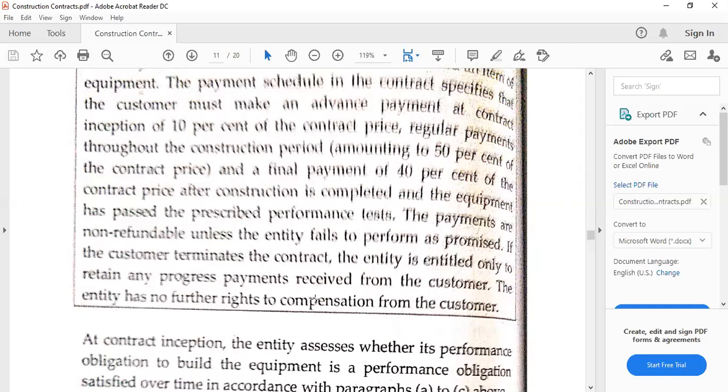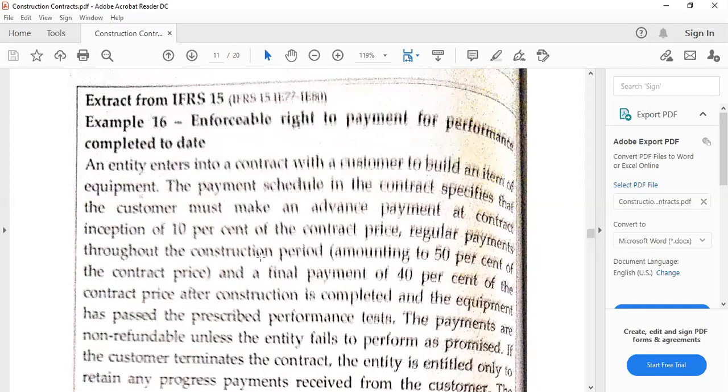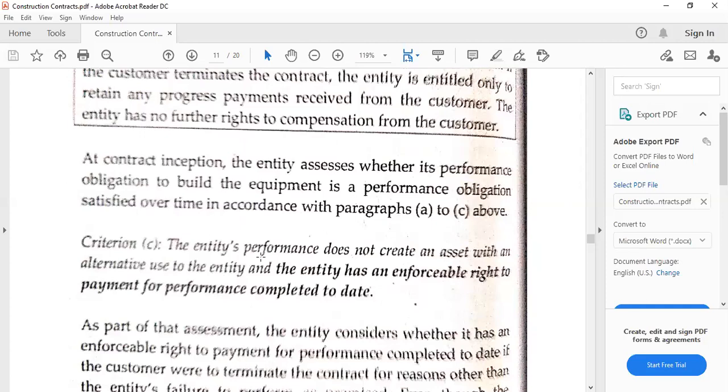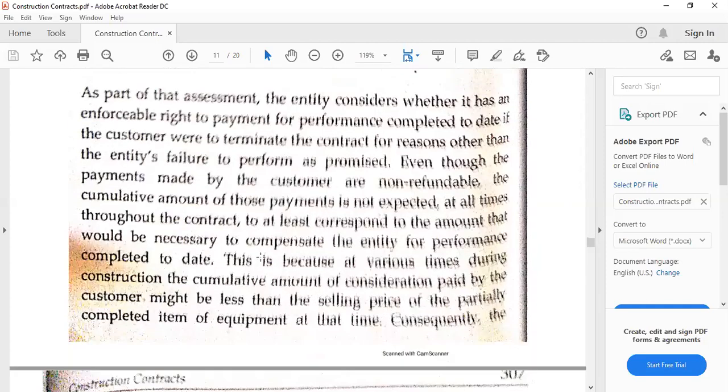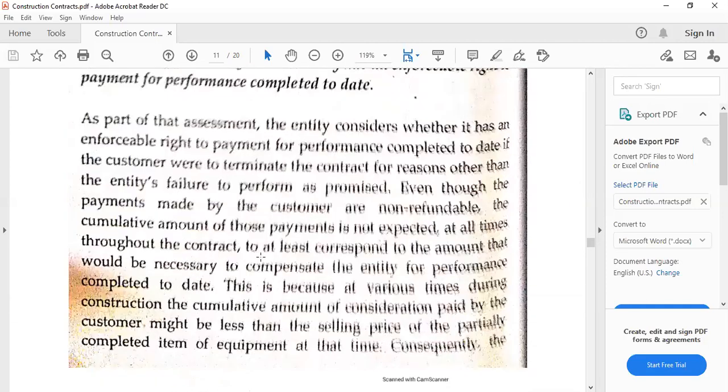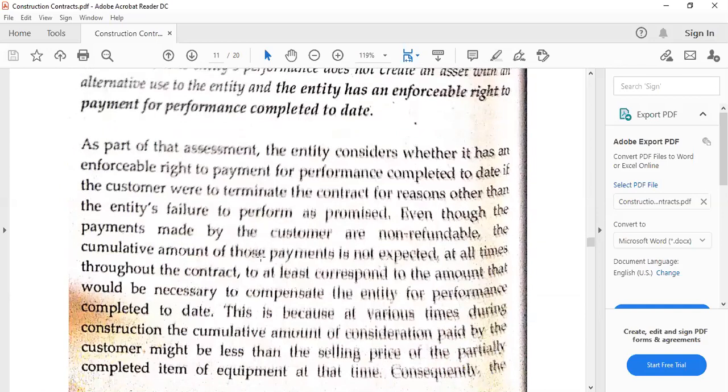The entity has no further rights to compensation from the customer. Okay, so there is a mention here about the progress payments or payments based on the performance to date. So in this case, it can be a certain contract in which the revenue is to be recognized over time. Take note also that the payments are non-refundable.